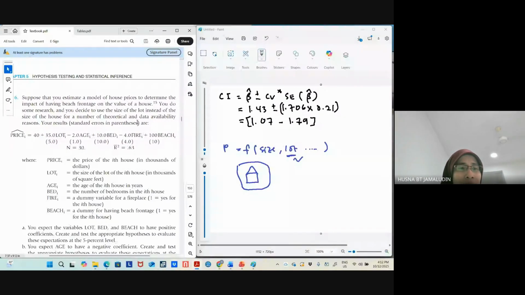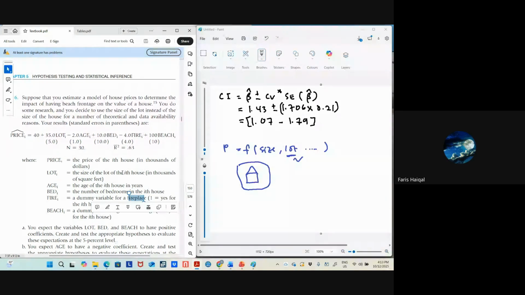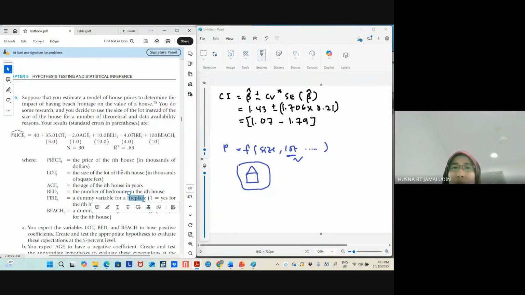So do you think that a fireplace is important in a four season country? Because you're going to have winter. Do you need a fireplace? Yes. So what do you expect? Do you expect that when you have a fireplace, it will reduce the price of the house?